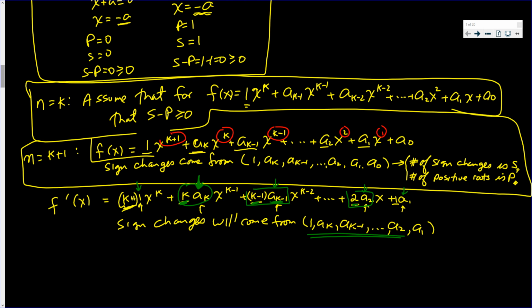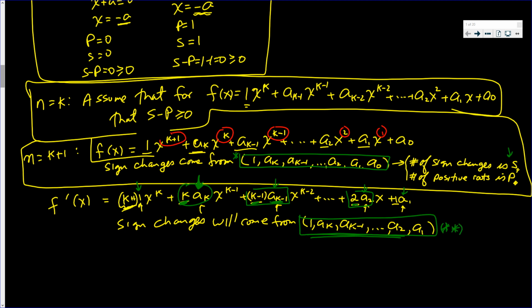Now, let us call that list star. And remember, star has X sign changes. And let us call this list double star.